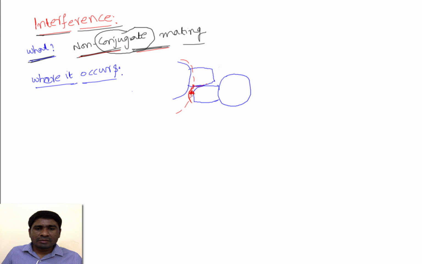So if this is coming and touching this one, then it will become non-conjugate. That means it's not on the surface, but generally at the bottom of the base circle. So the non-conjugate action is not at the surface, but instead it occurs at the bottom of the base circle.